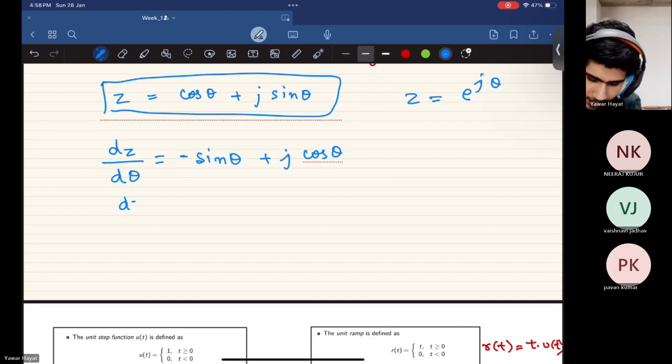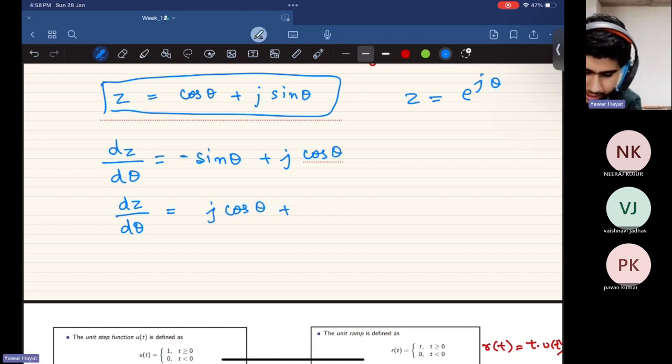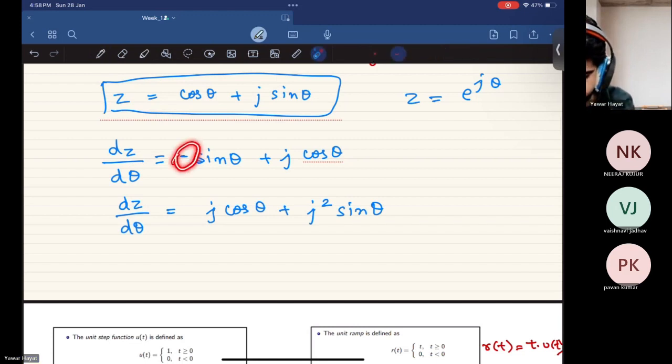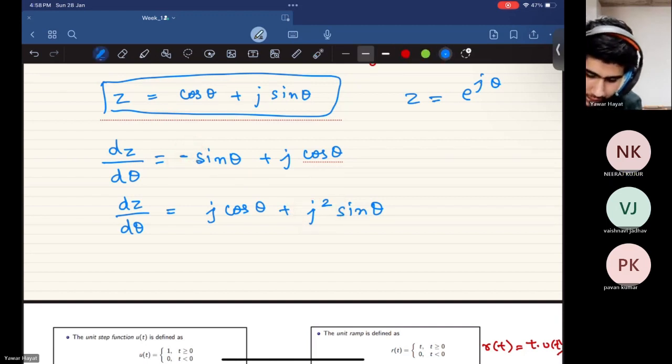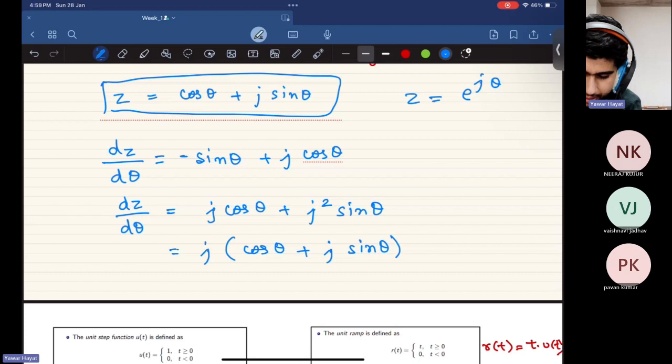So dz by d theta is j cos theta, and I can even write plus j square sin theta. So this is j times cos theta plus j sin theta, which is nothing but jz.